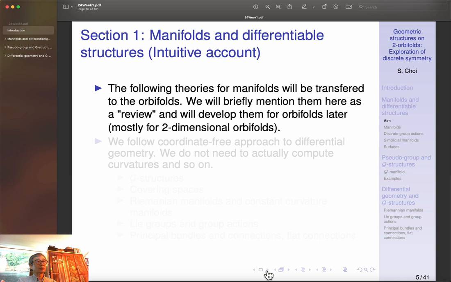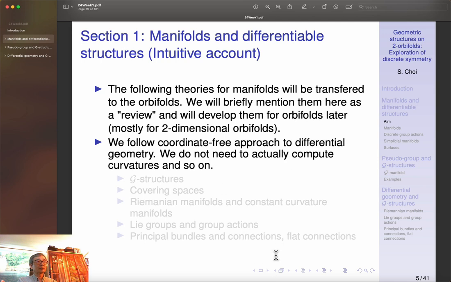To begin with manifolds and differentiable structures, we do mostly some review, and it's going to be an intuitive account. The following theory for manifolds will be transferred to orbifolds. We will briefly mention them here as a review, and this theory will be generalized to orbifolds later.